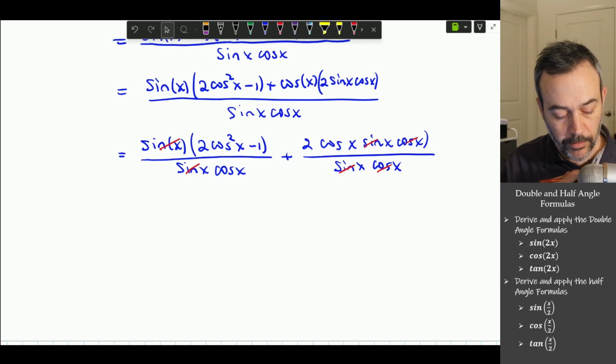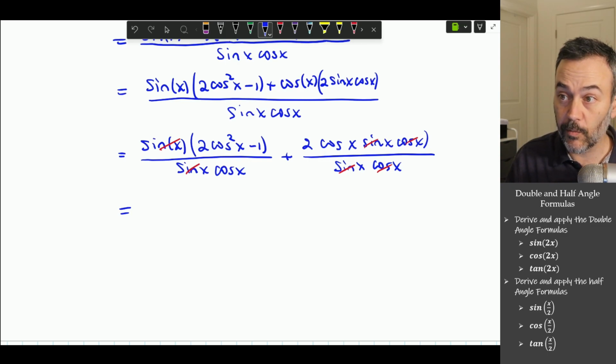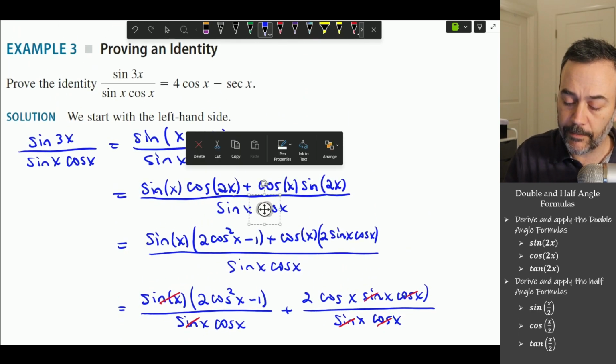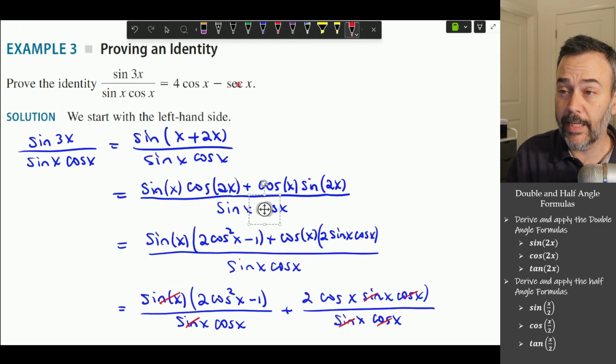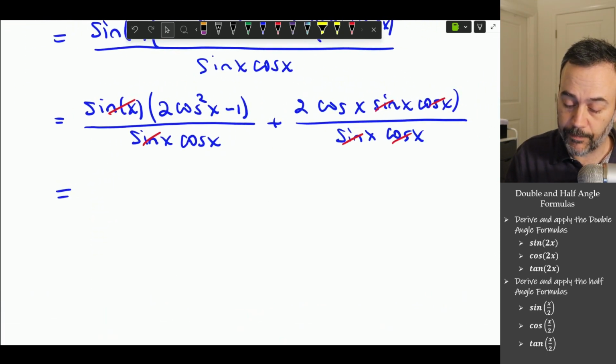What else can we do with this? I can also divide that cosine x into the cosine squared and the cosine x and divide that into the 1. What's really nice about that is I'm looking for a secant. Remember, I'm trying to get to a secant, and that's 1 over cosine. And I'll get that out of the left-hand term.